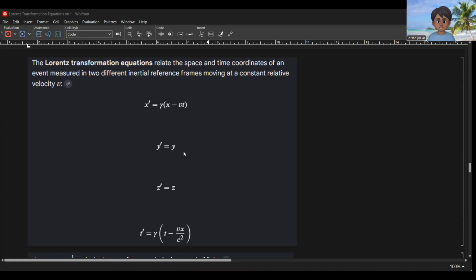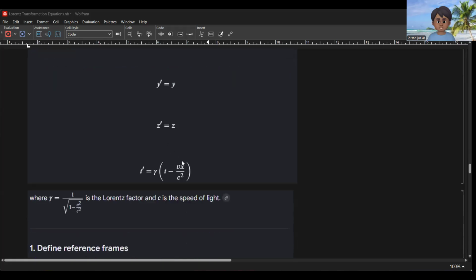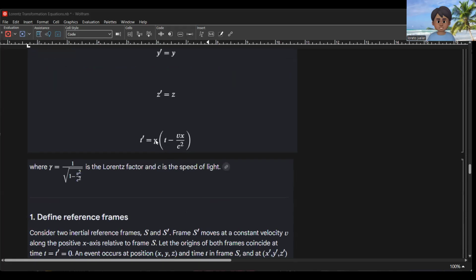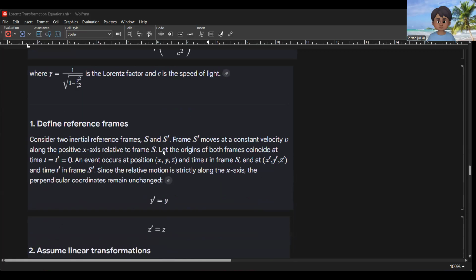So y prime here is equal to y, z prime is equal to z, and the t prime here is equal to the Lorentz factor times t minus vx over c squared. So here the Lorentz factor is equal to 1 over square root of 1 minus v squared over c squared. So this is the Lorentz factor and c is the speed of light.